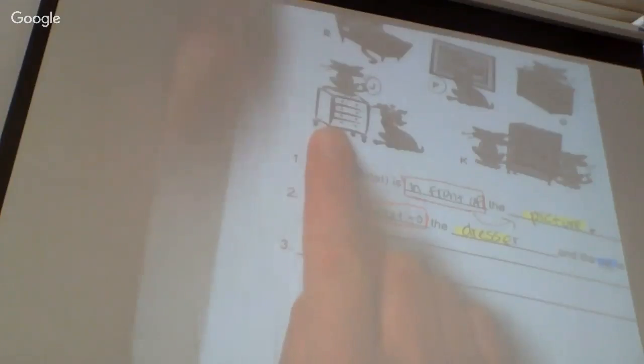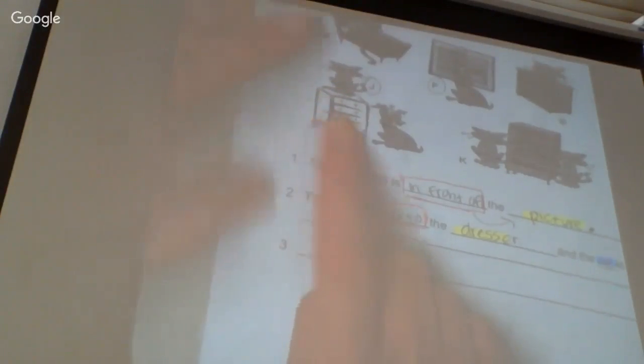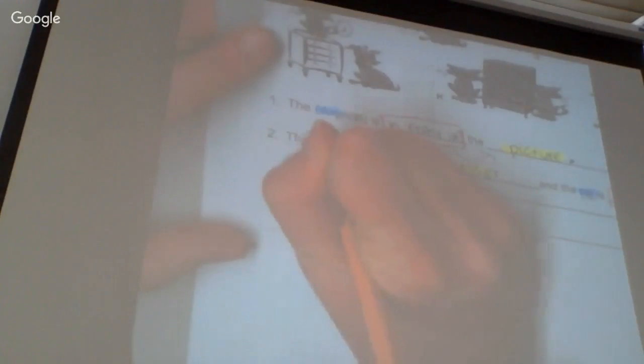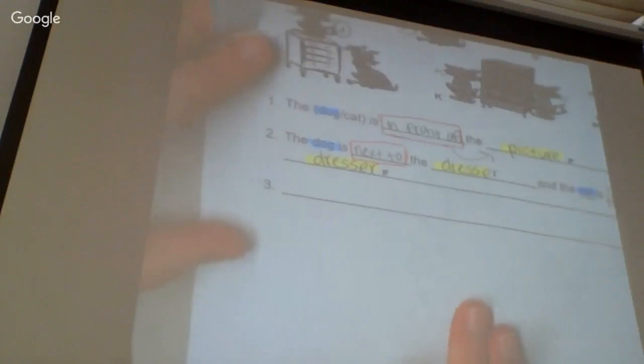I put a red box around on. On the where is, or what is the cat on? The cat is on the dresser. Okay, so the dog was next to the dresser, but the cat is on the dresser. So to complete my sentence, on the dresser, period at the end, and I highlight dresser in yellow because that is the location of the cat.